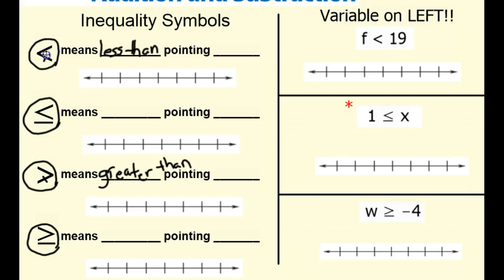Now if we put a line there and it made a 4, if we put a line here, it makes a 7. The 4 is less than 7, so that's how we can remember that this arrow pointing this way is less than. Now this arrow is pointing to the left.